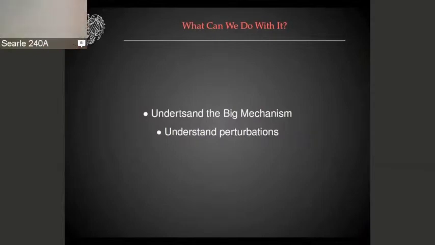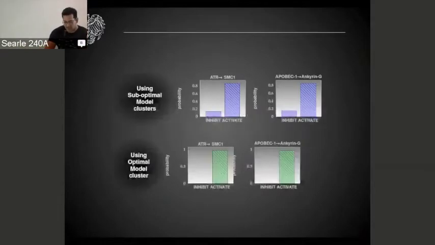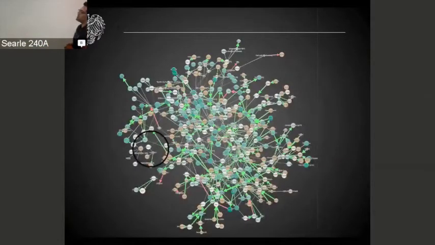So again, going back, what do we gain? Well, what we're trying to understand here is this big mechanism underlying the processes. And more importantly, if you have something like this, which we are confident is what's going on because we read it from the papers and grounded it against experimental data, then that actually gives us a huge model of this complex system.